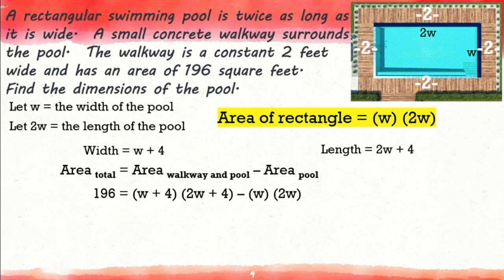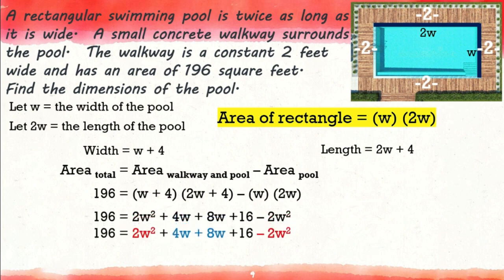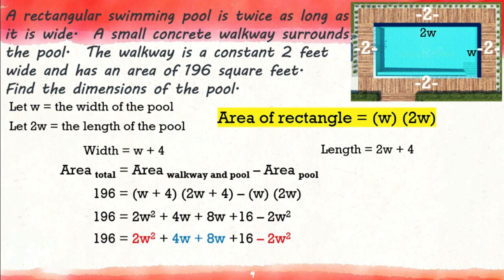Let us simplify. So we will have 2W squared plus 4W plus 8W plus 16 minus 2W squared. Add similar terms. The similar terms are 2W squared, and 4W plus 8W.